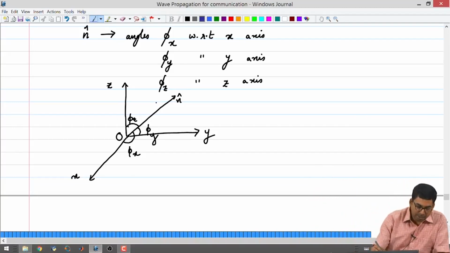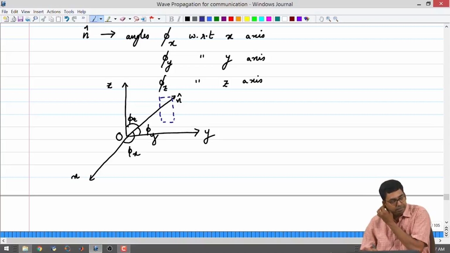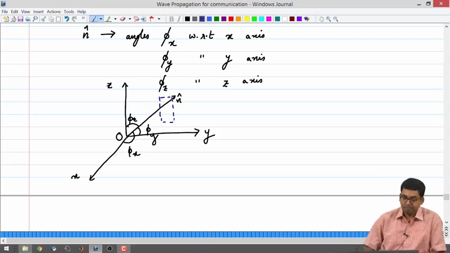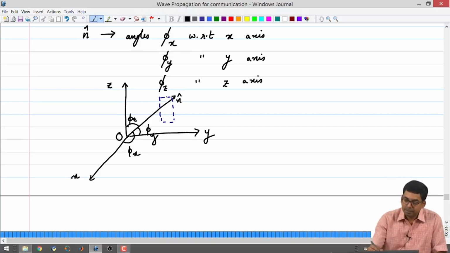So, this aspect where we are drawing something like this, it is a plane of constant phase. And let us say that this point is A.